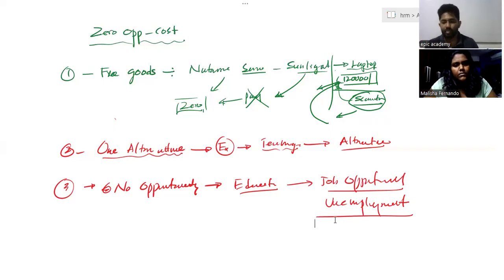That is why we are not going to develop this country, because unemployment is there already. Not only about the people, but also about the production factors. We are not going to use those resources. That is why we are suffering from economic problems. Right. You got the idea how opportunity cost becomes zero.